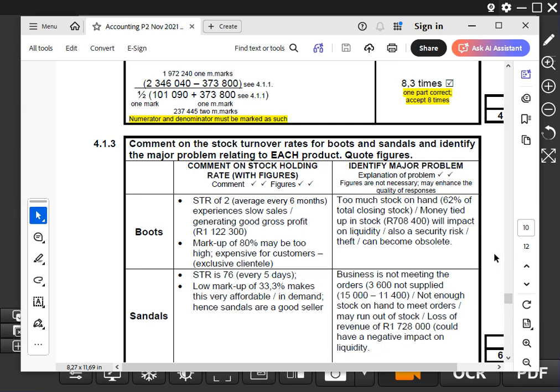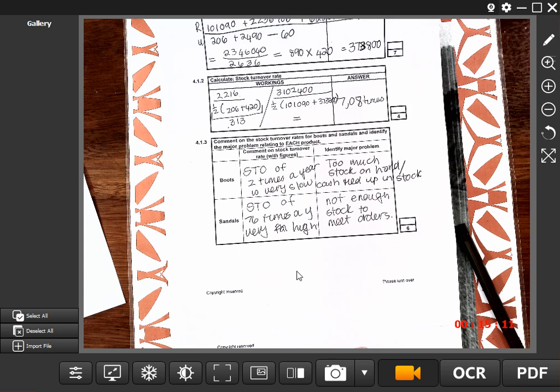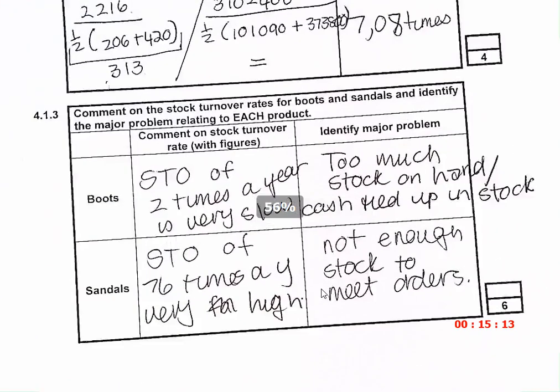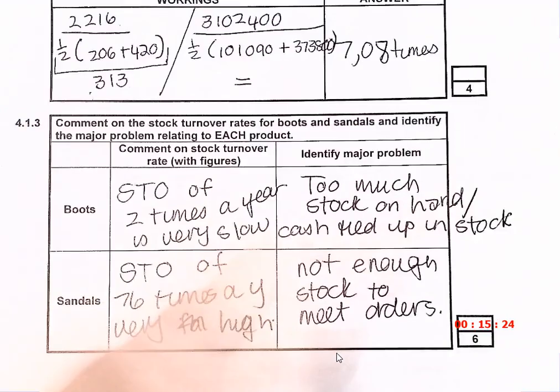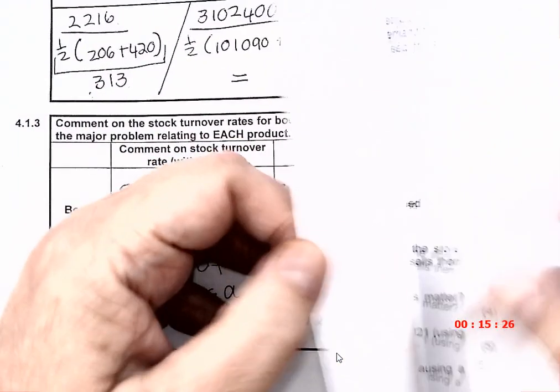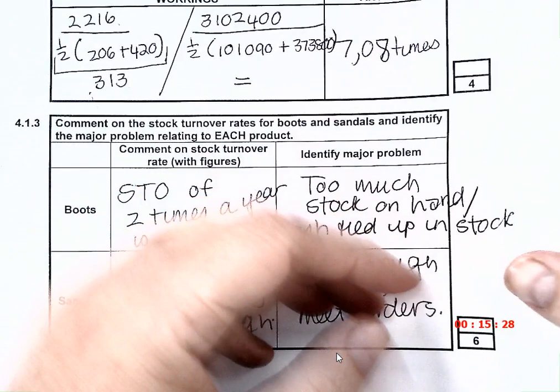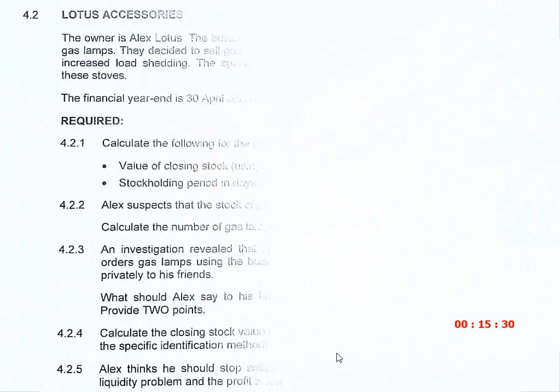There we go. Can you see that I didn't write it as eloquently as they did? But I'm still going to get my 6. 6 what? 6 marks. Okay. You're not supposed to say 6, 7. You're supposed to say ratios if you were still in the thing.